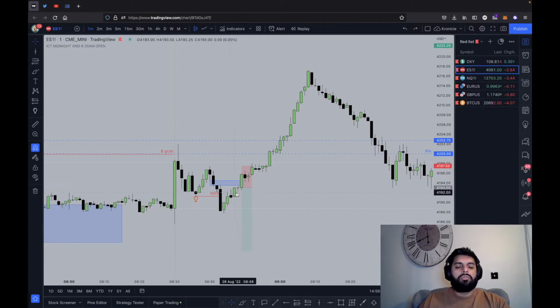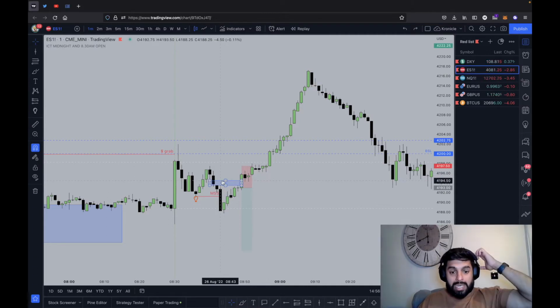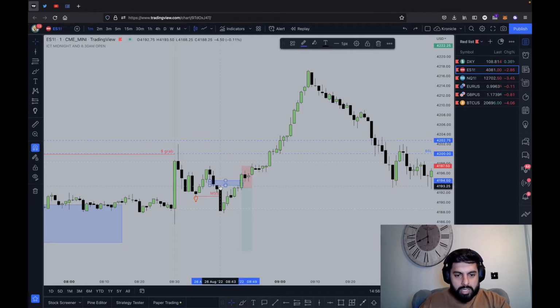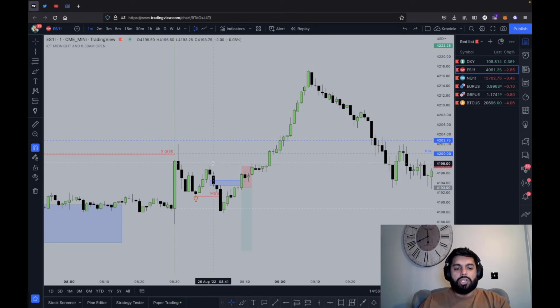And when the price was around this level, around 8:47 a.m., I decided to set up a short limit order on this fair value gap, where my entry was on this level at that candle high, and my stop loss at this swing high.